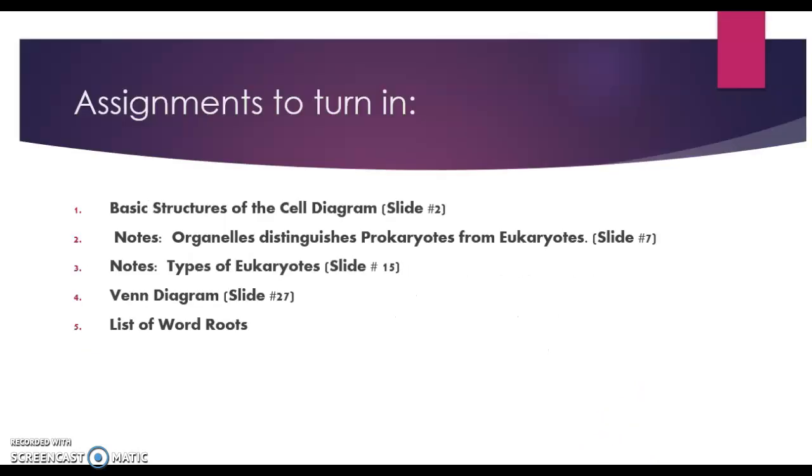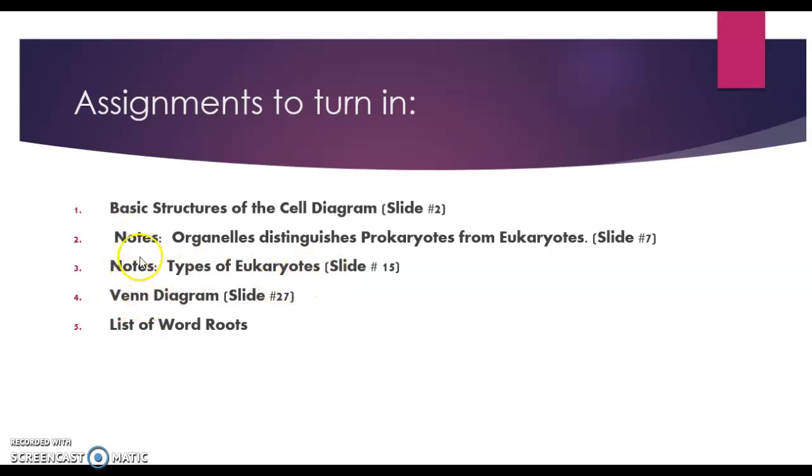So, what is it that you have to turn in to me? This was in the very first slide of the first video. Number 1, basic structures of the cell diagram. And again, these slide numbers are off, maybe by one slide. You're going to have your notes, the organelles that distinguish prokaryotes from eukaryotes. You're also going to tell me the types of karyotes.